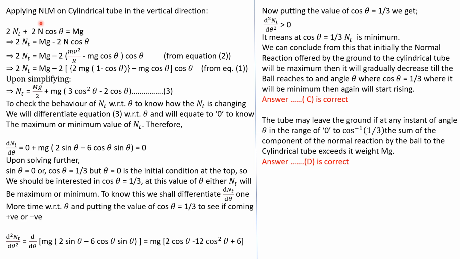Now we will apply NLM on the cylindrical tube in the vertical direction. So 2N_T plus 2N cos theta is equal to mg.